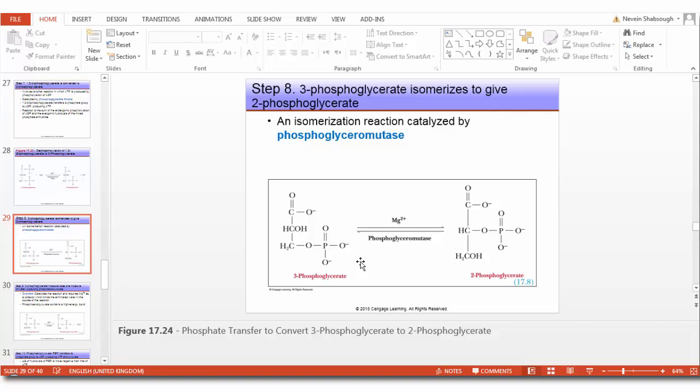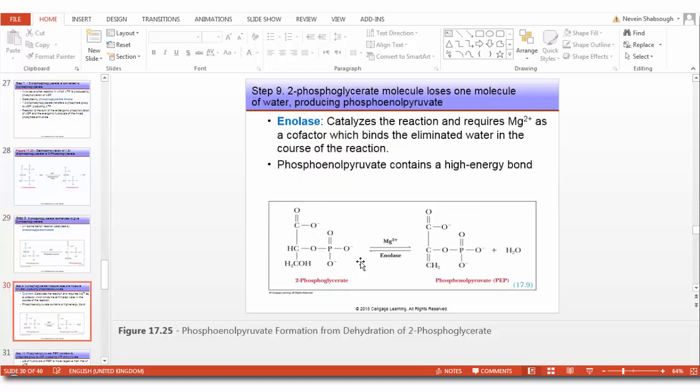Now reaction number 9, the conversion of 2-phosphoglycerate into phosphoenolpyruvate by loss of one water molecule. The enzyme that catalyzes this reaction is called enolase. It requires Mg+2 as a cofactor.